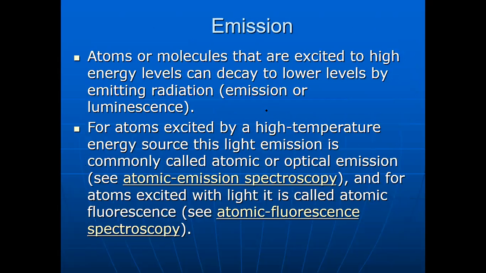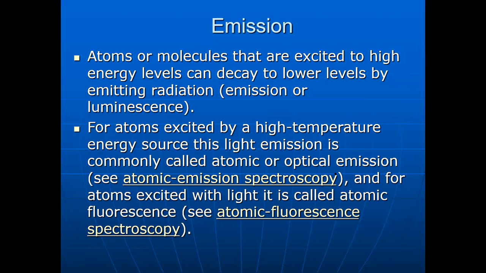Coming to emission spectroscopy, atoms or molecules that are excited to a higher energy level can decay to a lower energy level by emitting radiation. What will happen when they jump from high to low energy? We can see some emission, some luminescence will take place, some radiation will be given off. For atoms excited by high temperature energy sources, this light emission is commonly known as atomic or optical emission.